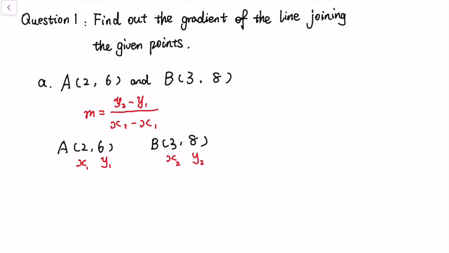Then use the formula: y2 minus y1, which is 8 minus 6, over x2 minus x1, 3 minus 2.